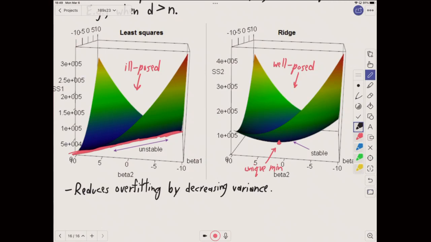Well, if you can decrease variance more than you increase bias, then it's a win. You get better generalization in that case. So a natural question you might ask again is why? Why does regularization help to reduce variance?